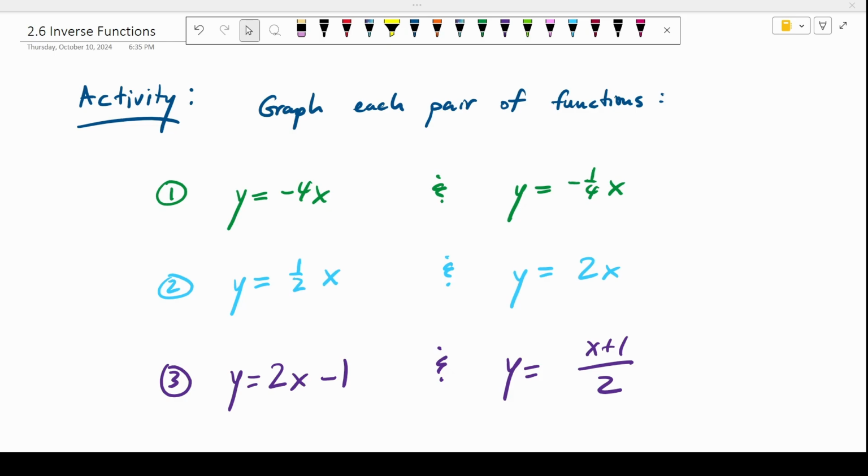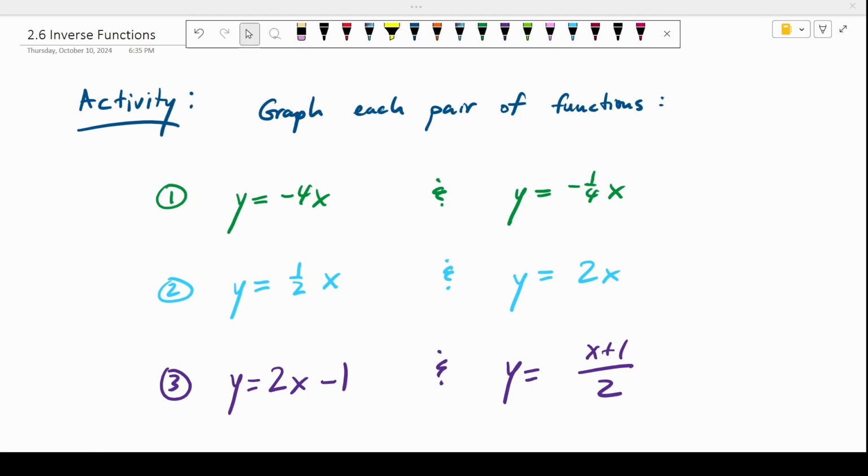So now let's come back to our pairs of functions and pick any one, the first pair, the second pair, the third pair. And what I want you to do is label one F and one G. It really doesn't matter which is which. I'll take the middle pair here.